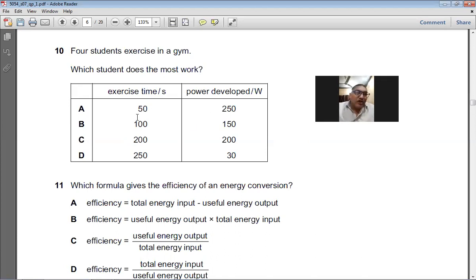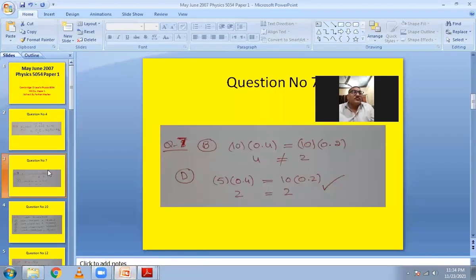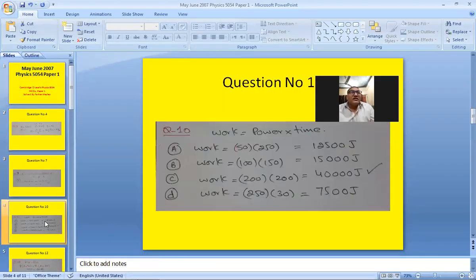In all four options, you have the power and the time given, so you multiply them. Then we will be able to tell in which option the most work is done. Okay, so here we go.